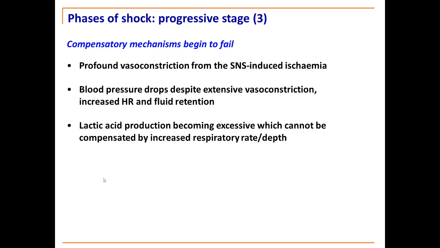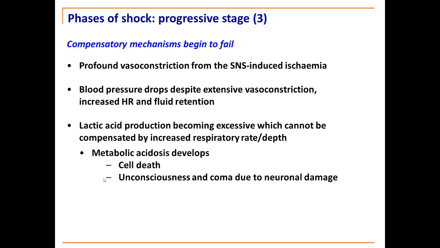The lactic acid production becomes excessive, which can't be compensated for by the respiratory rate and depth. So in other words, you start to get an uncompensated metabolic lactic acidosis, or in other words, your body can't fully compensate for it. So that metabolic acidosis develops, and that obviously leads to poor cell functioning, eventually onto cell death. And of course, due to that neuronal damage, can lead to unconsciousness and eventually coma.